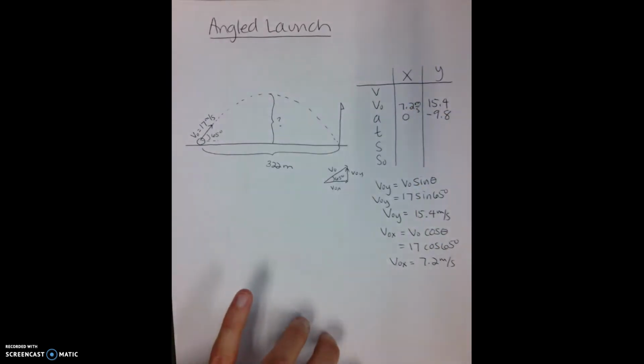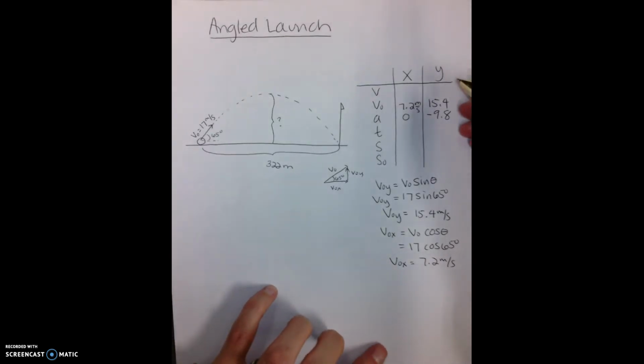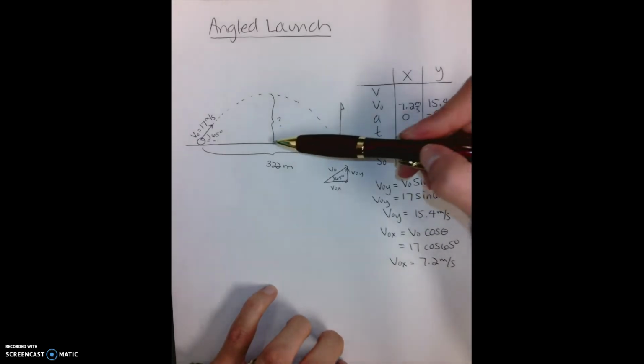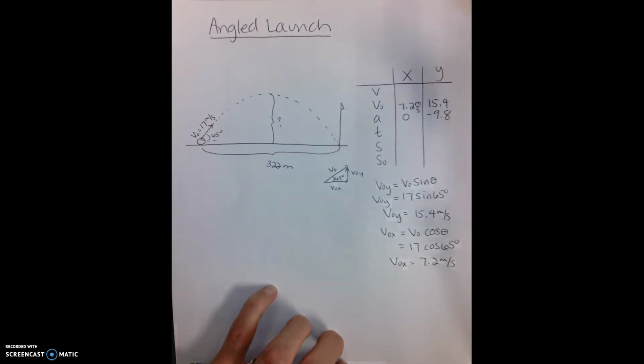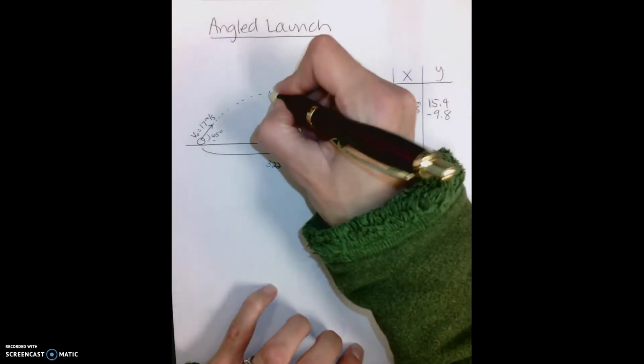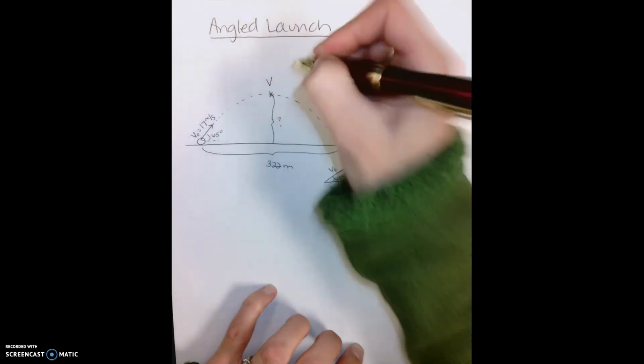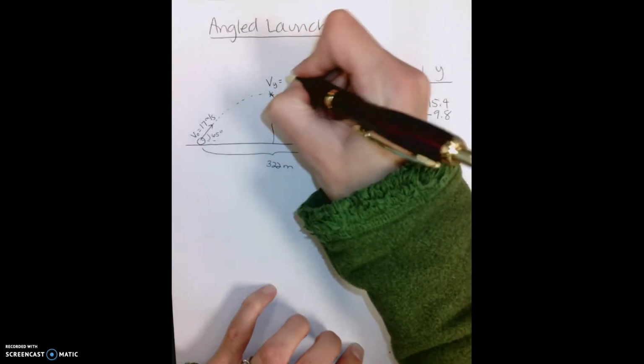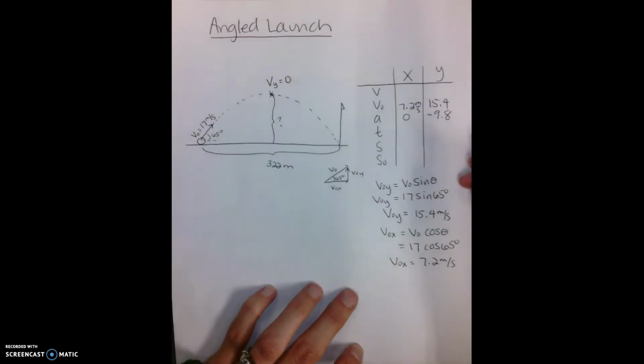That's really all I know right now. So the first thing I might find out is how high it went, because I do know something special about the maximum height. At that position, Vy is going to be 0.